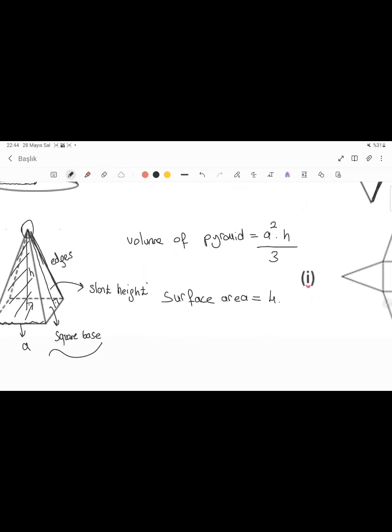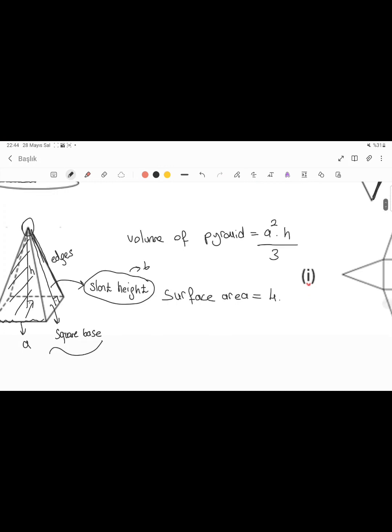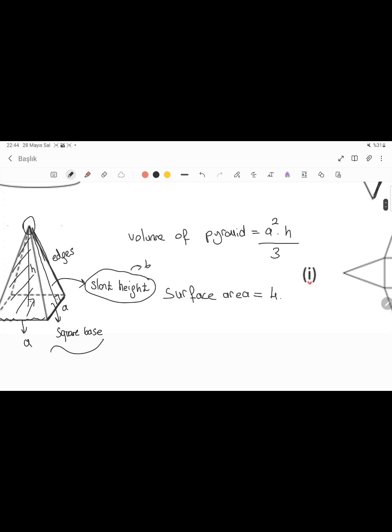Let the slant height be B, and the sides be A, so each lateral face is a triangle with area B times A divided by 2.